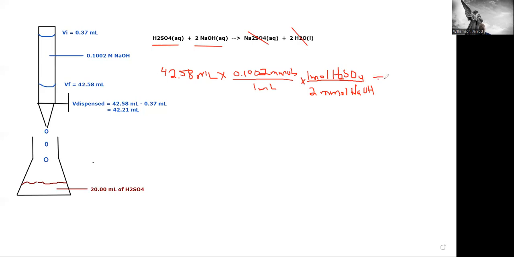I need a millimole in here, so let me fix that with the eraser. I'll put my milli right in there. Sloppy, but you get it, right? Millimoles, that's really bad penmanship. So I'll go ahead and type this.